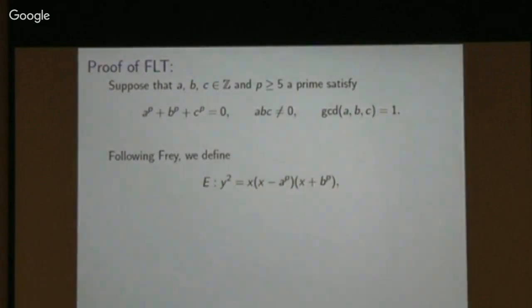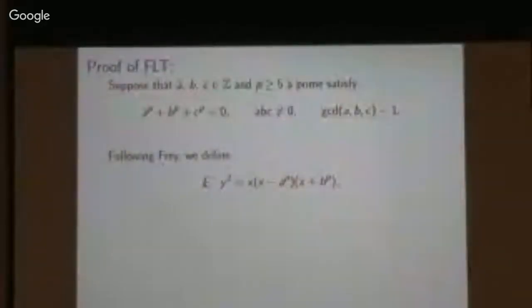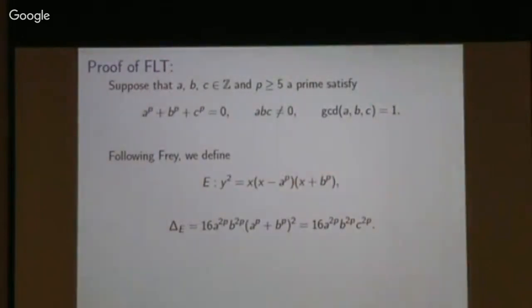So here's the crazy idea. The German mathematician Gerhard Frey realized that if we take these numbers A, B, and C, and we write down the following equation, y squared equals x times (x minus a to the p) times (x plus b to the p), and now we compute the discriminant of this equation, we get the following.